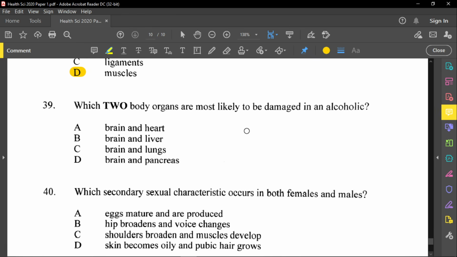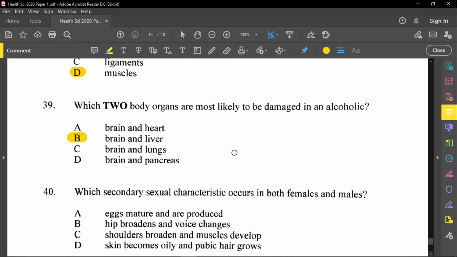So it is definitely affecting the cerebellum of your brain. What is also important is that your liver will try to get rid of the alcohol, because alcohol is a toxic substance. So here it is the brain and the liver. Again, the part of the brain that will be mostly affected is your cerebellum.